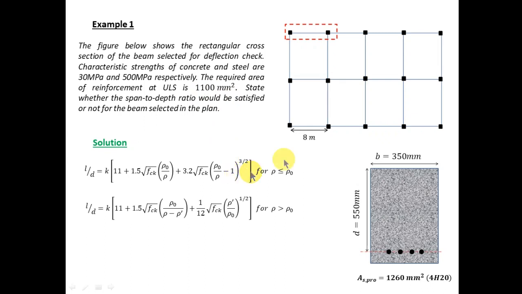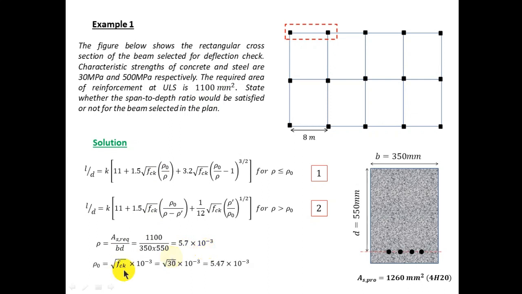Now, as said, we have two equations that depend on the rho reference and the rho of tension reinforcement. So it is either I use this one or this one. This is my rho for the tension reinforcement required, and as I said, it's given in the example, so 1100 divided by BD gives me this answer, and I'll have to compare it with the reference reinforcement ratio that depends on the grade of concrete, and that gives me this answer.